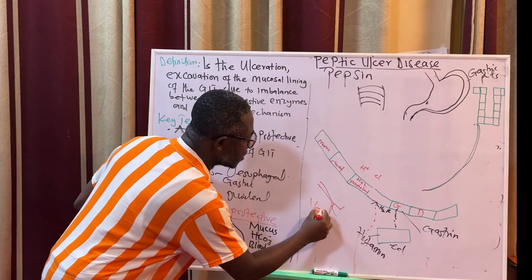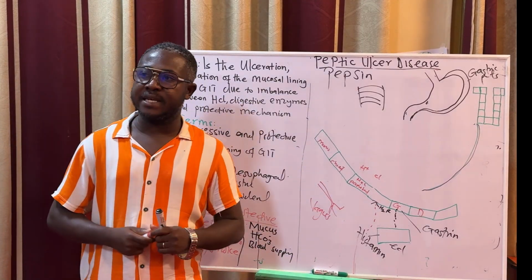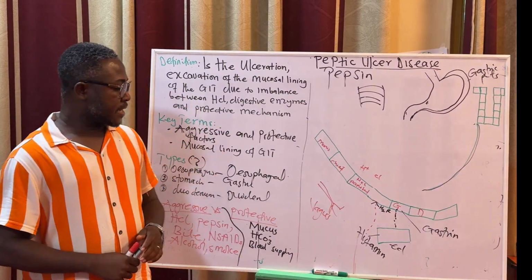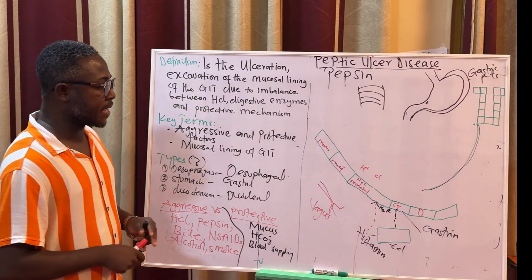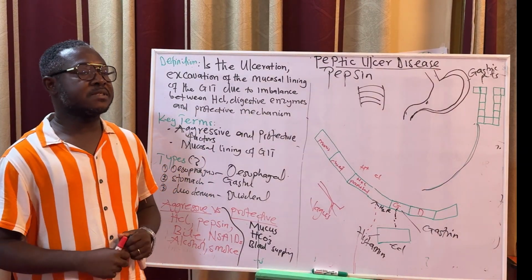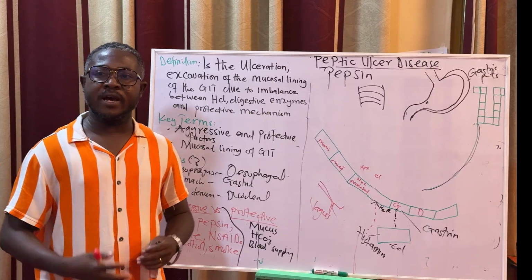So we have the vagus nerve here, which is parasympathetic in nature. Now, the vagus nerve can be stimulated by maybe stress. Okay, maybe someone is hungry and that person is anticipating or waiting for food, craving for food.